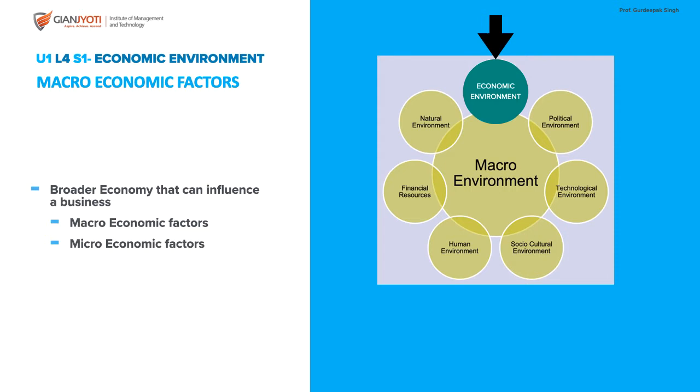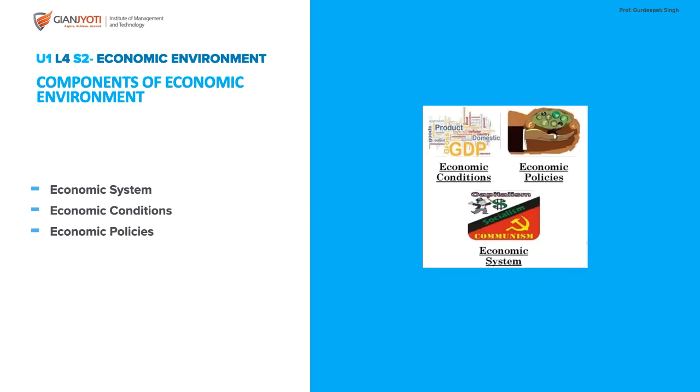Since we are talking about the macro environment, we'll take the macroeconomic factors which affect the country as a whole rather than specific households or specific business. So we'll be focusing on macroeconomic factors.